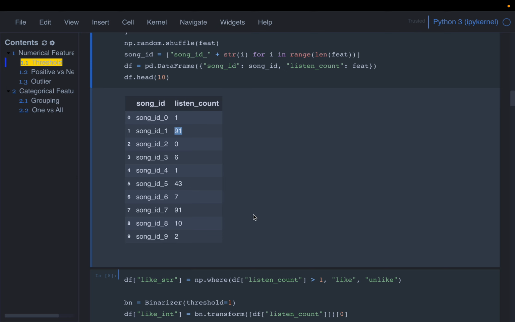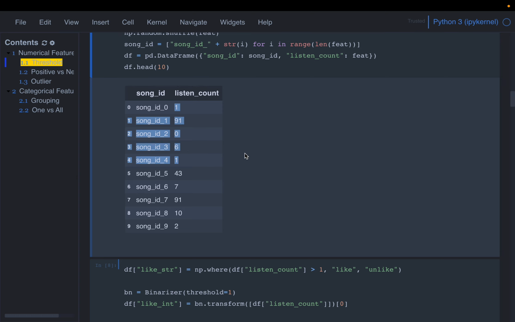If the user listened to a song a second time, that probably means the user liked the song. So we are going to transform this continuous variable, which can be anywhere between 0 and any high value, to just like or dislike.